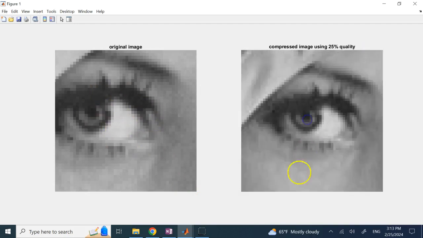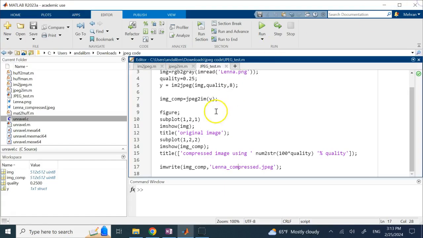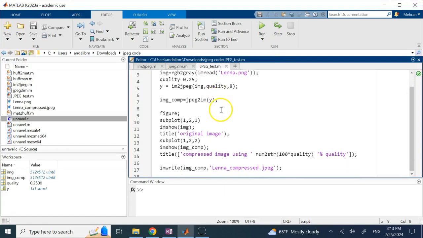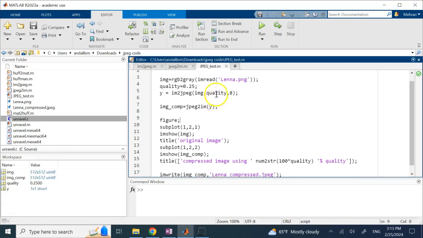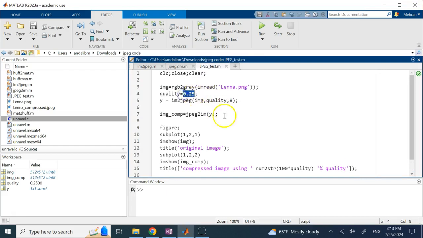And if you look here again, you can see the distortion as well. There is barely much to see and distinguish between them. They are very similar, but if you do it with a high quality image also, up to 10% quality, up to 0.1, it's very hard to distinguish unless you zoom in big time.